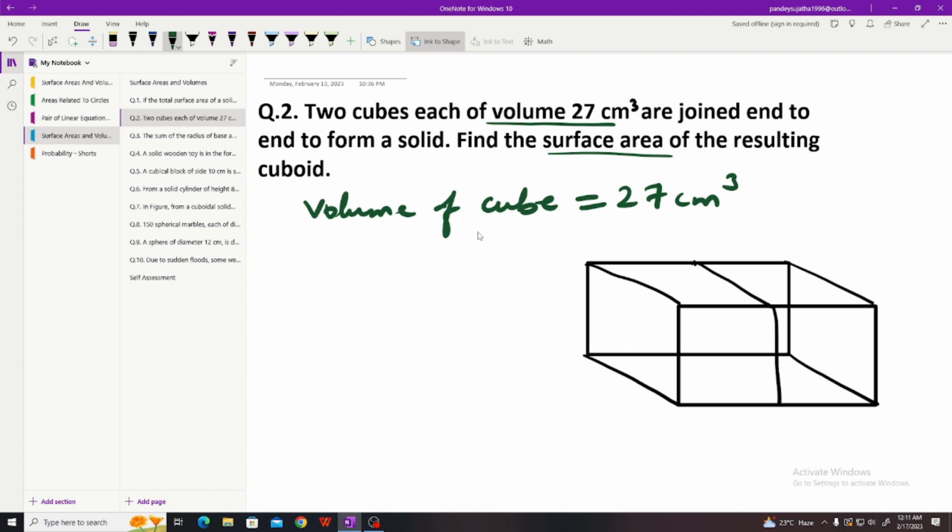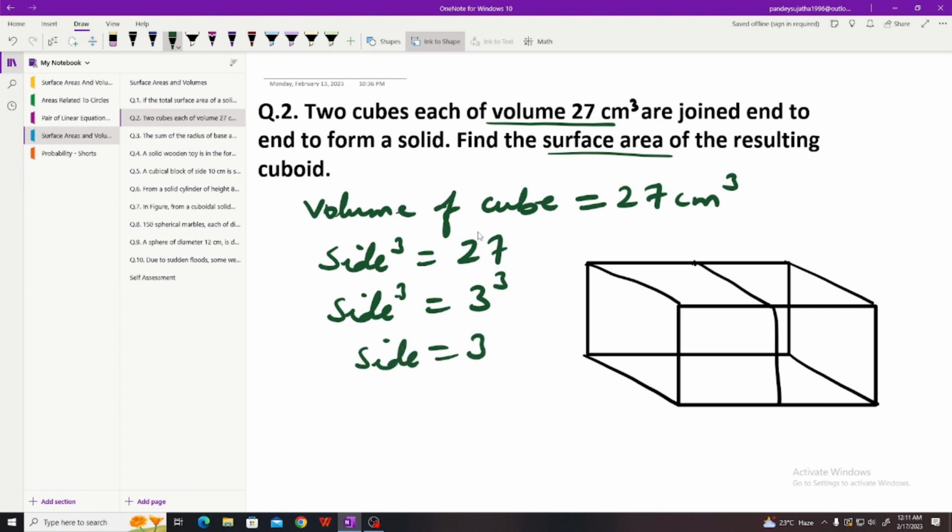You all know the formula of volume of cube, which is side cube is equal to 27, and we know that 27 is a cube of 3, so side cube is equal to 3 cube, where side is equal to 3 centimeter.